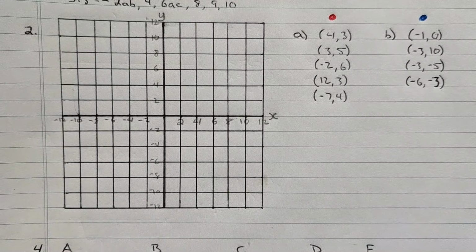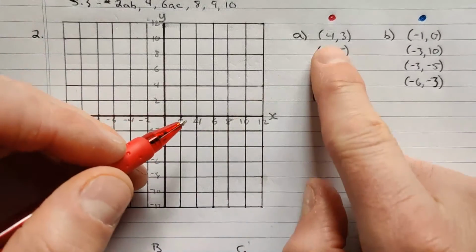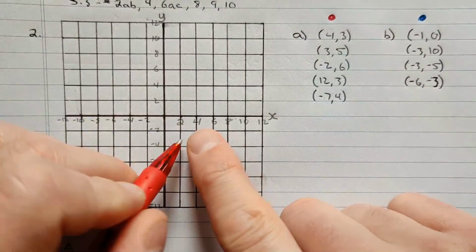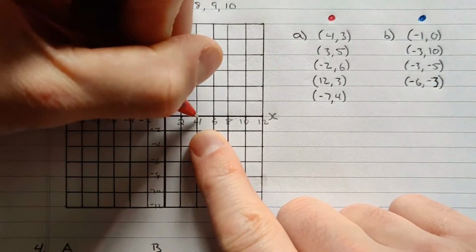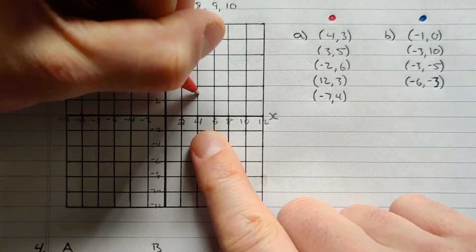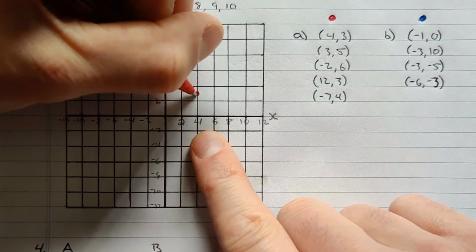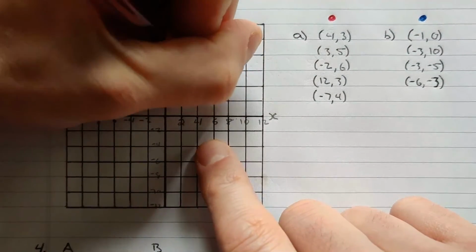And so now if we plot these out, we read them x, y, so it's along the x-axis is 4 and 3. So we don't put a point at 4, we don't put a point at 3. We put a point where they intersect. So 4 and 3 will be a point right here. And so that would be 4, 3.